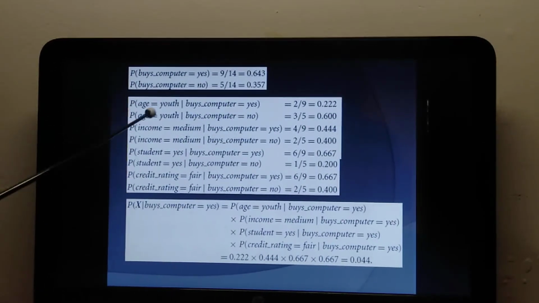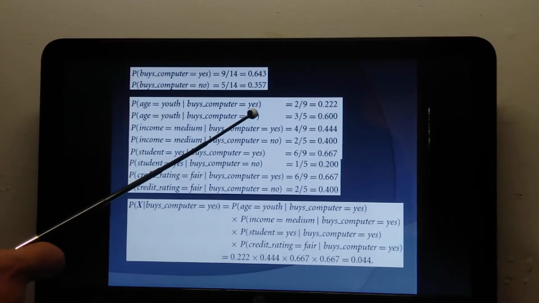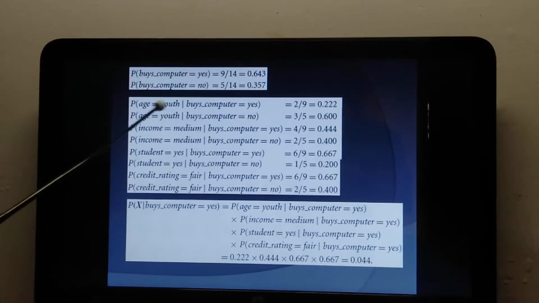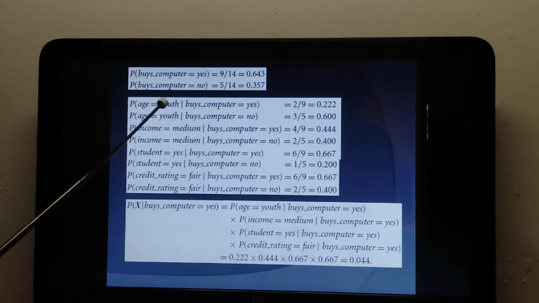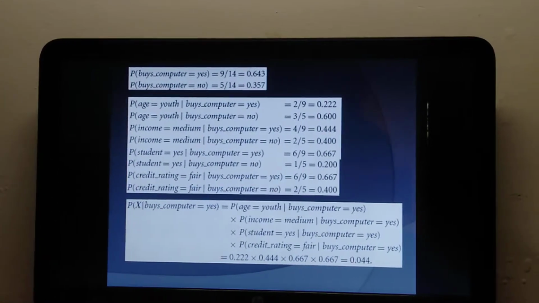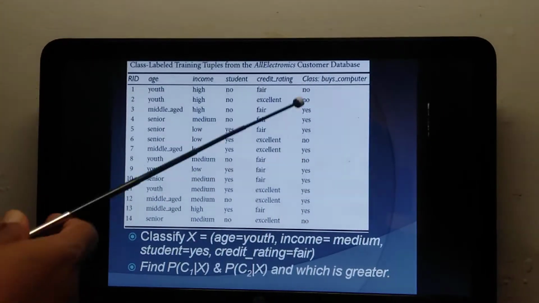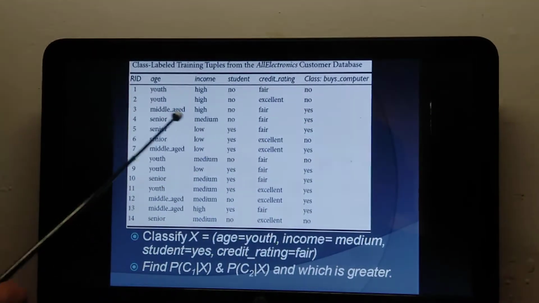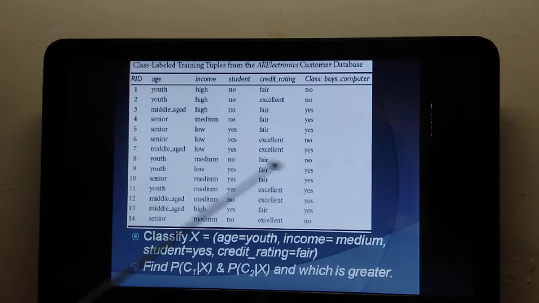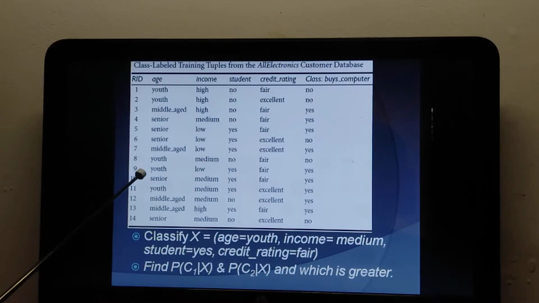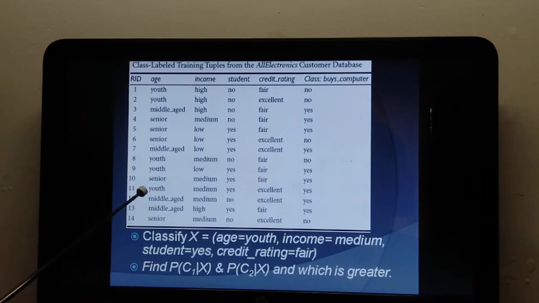So the probability of age is youth given buys computer is yes. Out of the yeses, how many have got age youth? That is what we are going to look at. We know over here 9 yeses are there. Out of the 9 yeses, here there is a yes, 1 youth, and here there is a yes, 2nd youth.